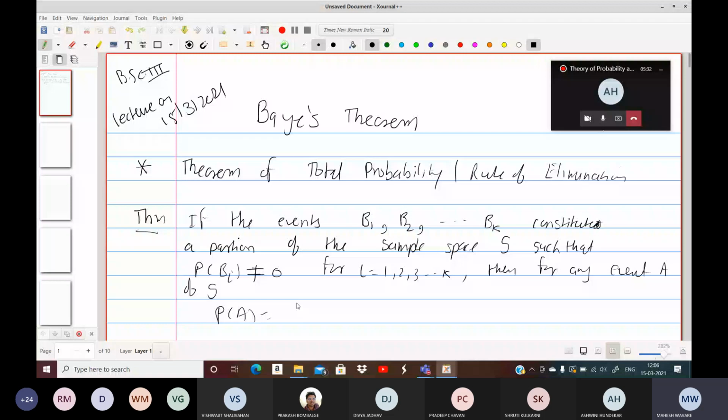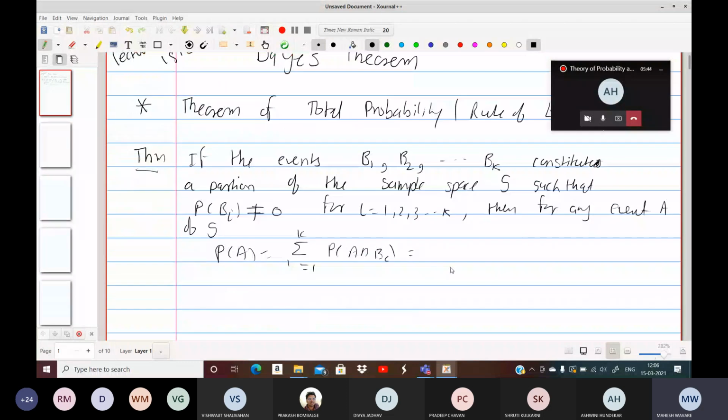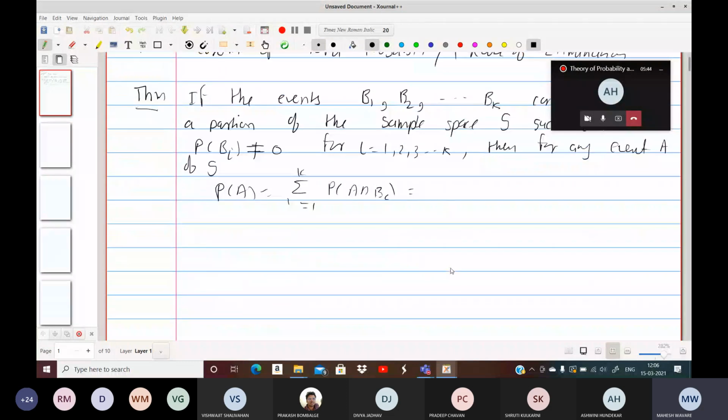With the help of conditional probability, one can write this probability of A intersection Bi as probability of Bi multiplied by probability of A conditional on Bi. That's it. So this is your target, first to show. By conditional probability, these events happen, A also happens, then probability of Bi into probability of A conditional on Bi gives this part equal to this one.